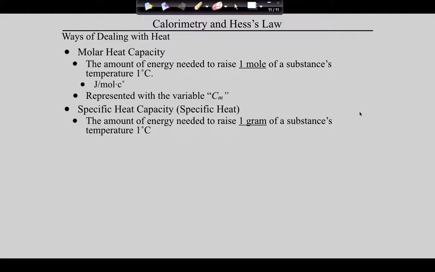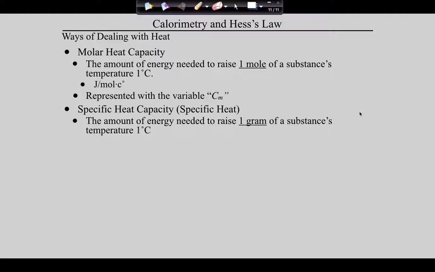So guys, what is the difference between molar and specific heat capacity? The amount. For molar, it's a mole. For the other, it's a gram. But guys, does this one sound familiar? The amount of energy needed to raise 1 gram of a substance's temperature 1 degree Celsius? It's the definition of a calorie.